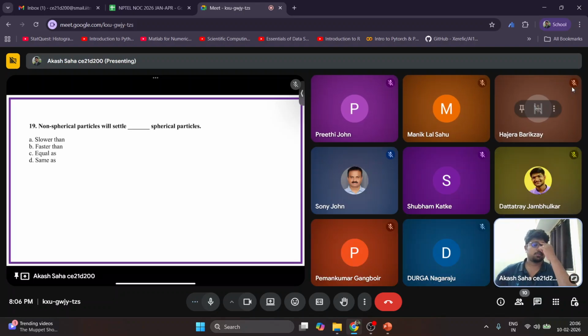Okay. So just consider a spherical particle and a cubical particle. Okay. So what do you think? Which one will be settling faster in the same media? And why? Another question, if I may ask, why?